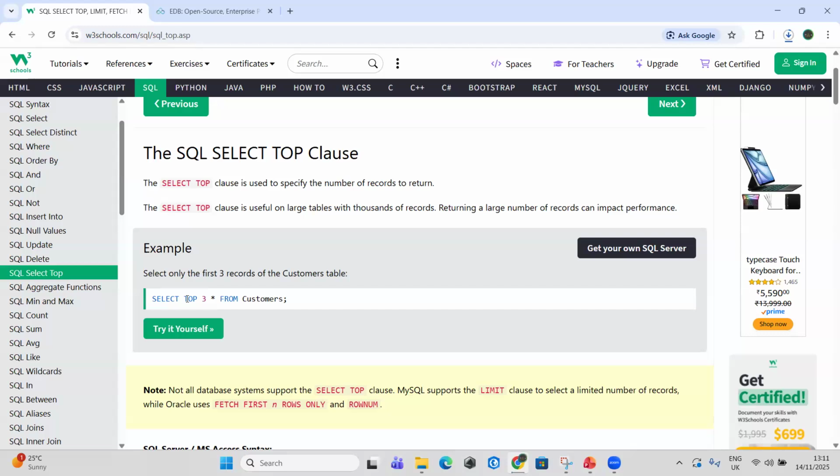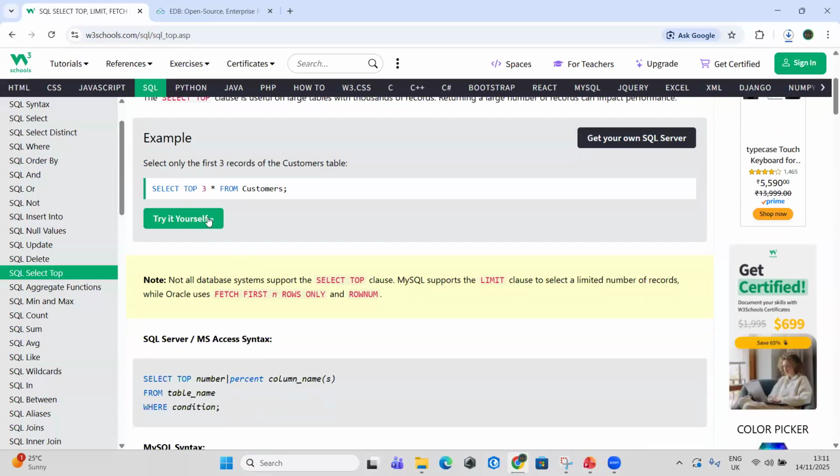Whatever is already fed in the system, whoever is at number one, two or three.